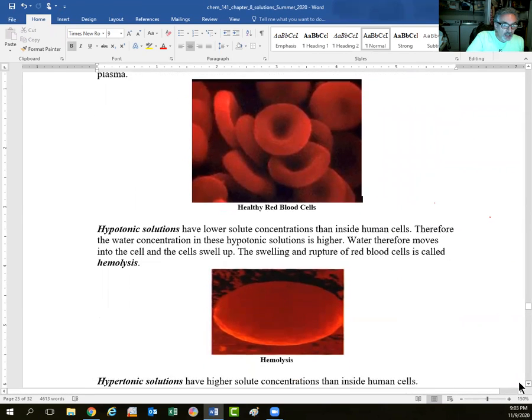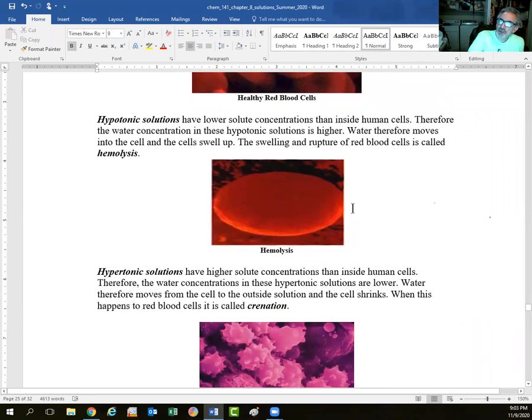However, if we had a solution which was much higher in water concentration because it was lower in solute concentration, these are solutions that we refer to as hypotonic solutions because they have a water content that's too high. And so as it mixes with the blood plasma in the body, that water from the intravenous drip starts to pour into the red blood cells.